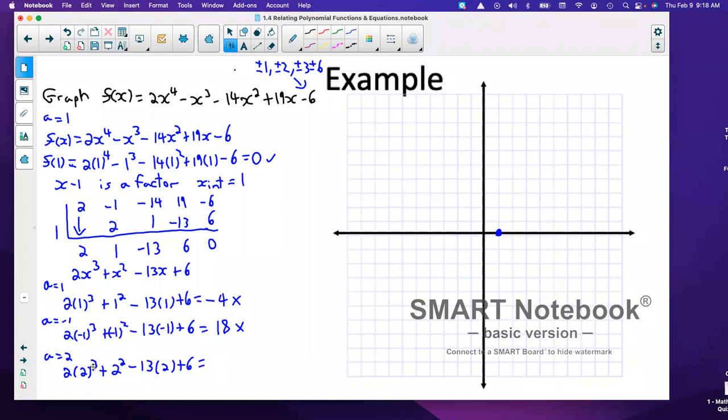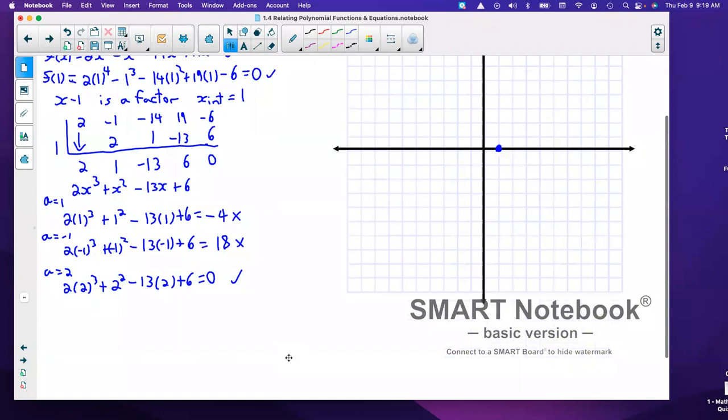So 2 cubed is 8, times 2 is 16, plus 2 squared, which is 4, so 16 plus 4 is 20, minus 26 is negative 6, plus 6 is 0. So we have found a factor. So we can say that x minus 2 is a factor. Now that means we're going to have an x-intercept at positive 2.